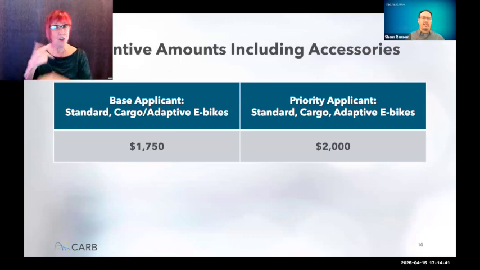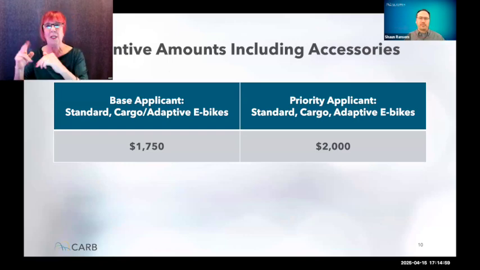All right, and here's that incentive structure. For applicants with a base income of 300% of the federal poverty level or below, they can receive up to $1,750. And for the priority applicants, they can receive up to $2,000.